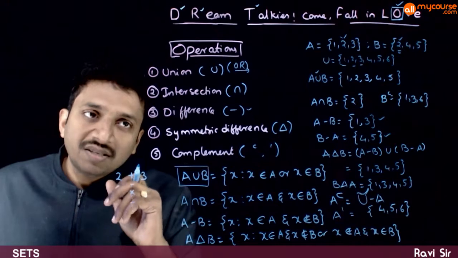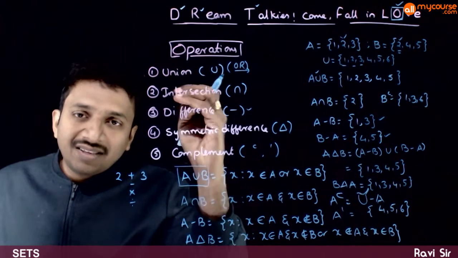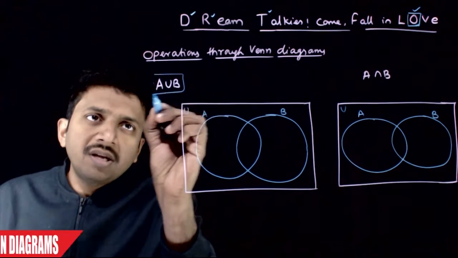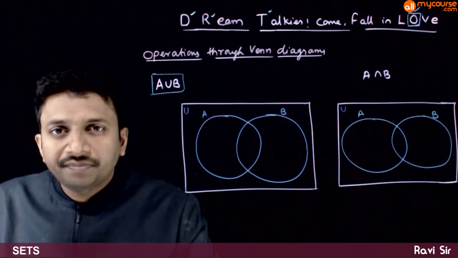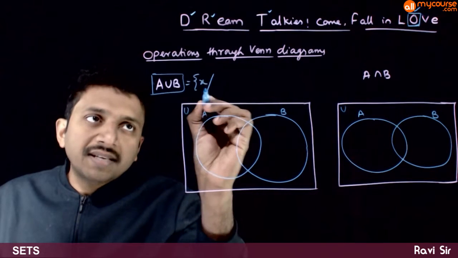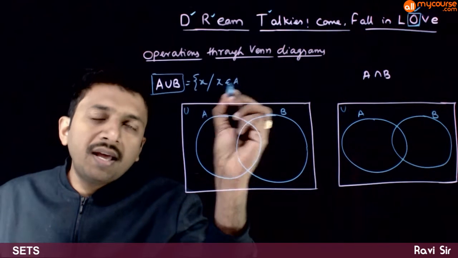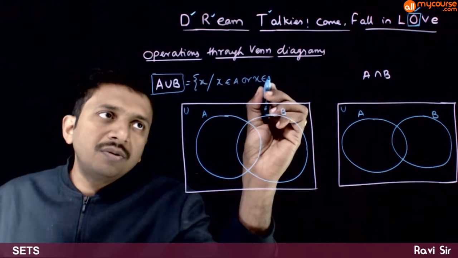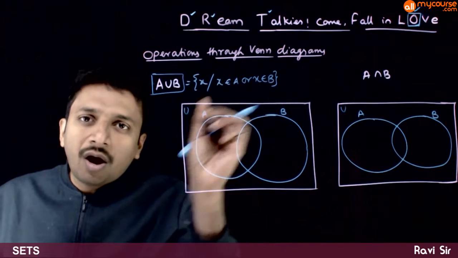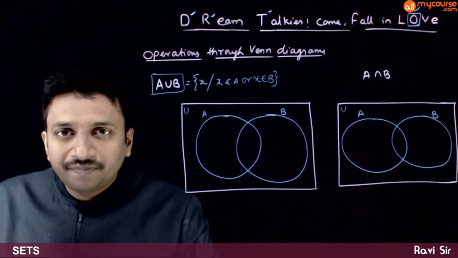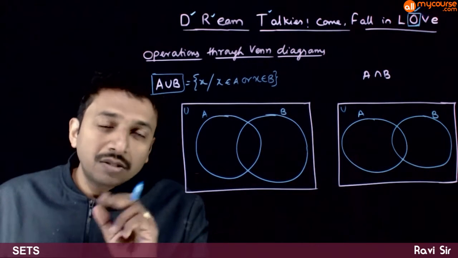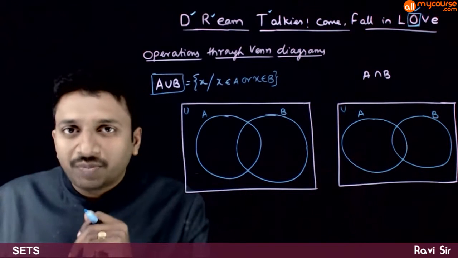So once you have understood this, let us understand these operations using Venn diagrams. First let us take the operation A union B. We have seen that A union B is nothing but the set of elements X such that X belongs to A or X belongs to B. So if you take the Venn diagram, see universal set, set A and set B. What is the region corresponding to A union B?